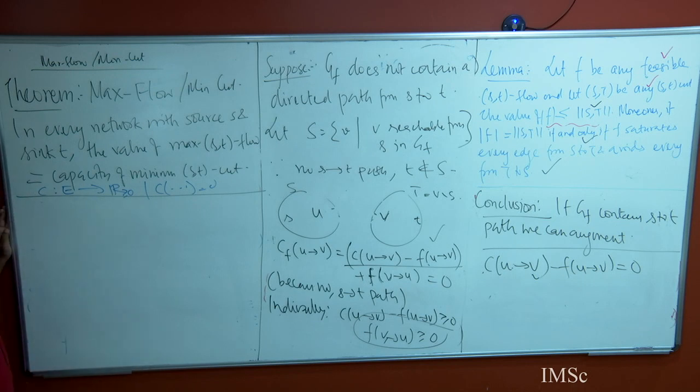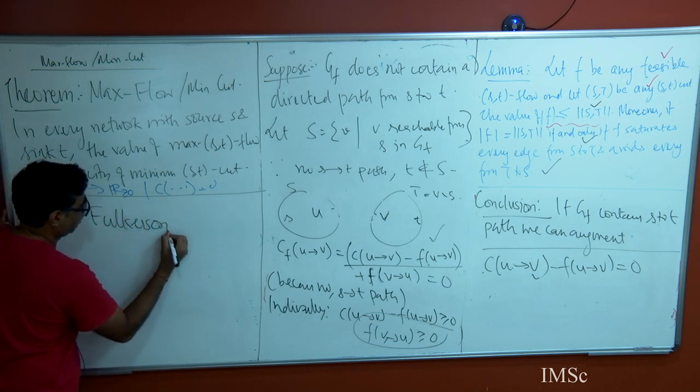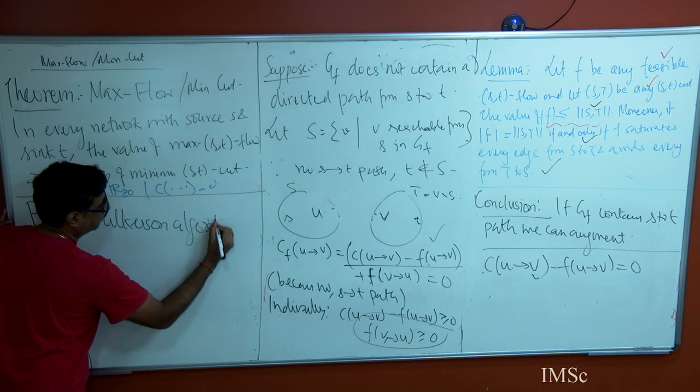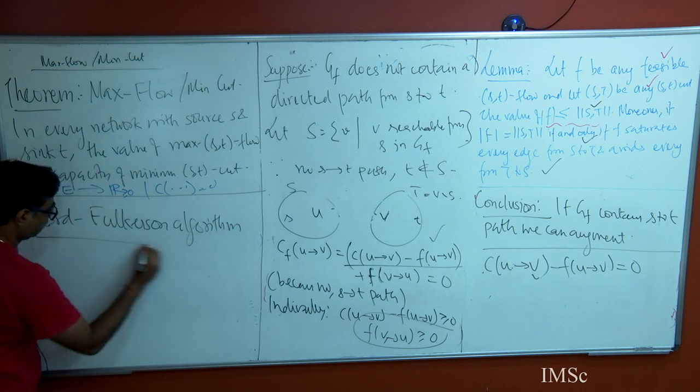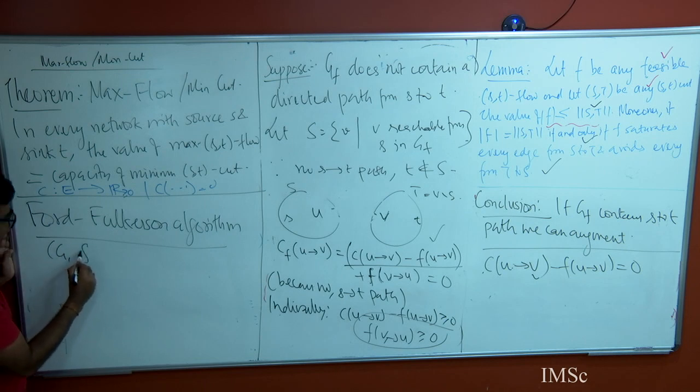What is an algorithm? This is called the Ford-Fulkerson algorithm. What is this? You have a G and start with f equal to 0. Okay?